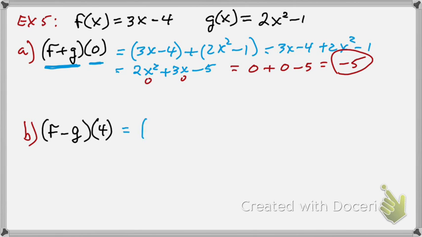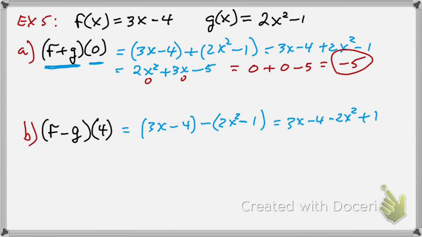And again, I advise you to start off with parentheses around these things, especially on the subtraction ones, because signs will change. So I've got minus g, which is 2x squared minus 1. So I've got 3x minus 4 minus 2x squared plus 1.